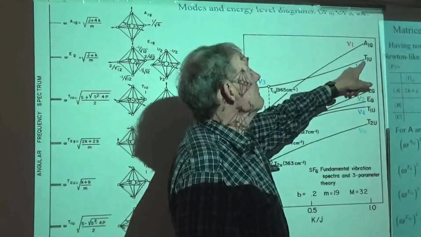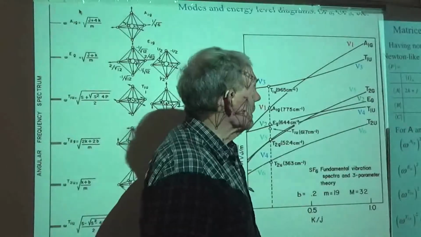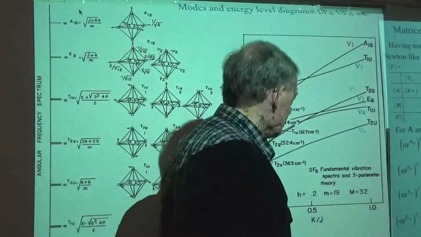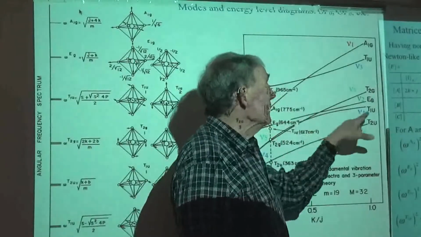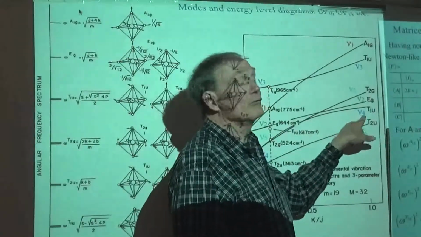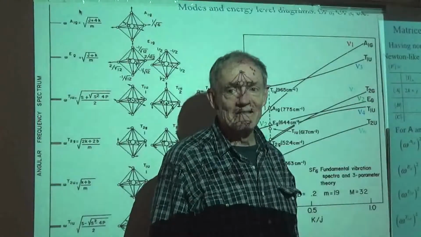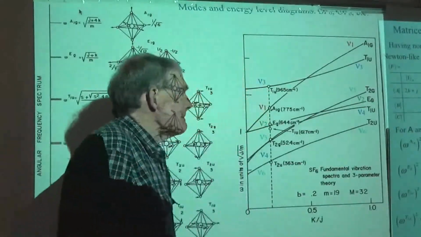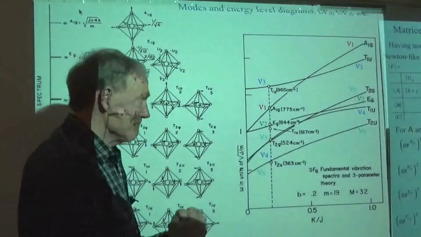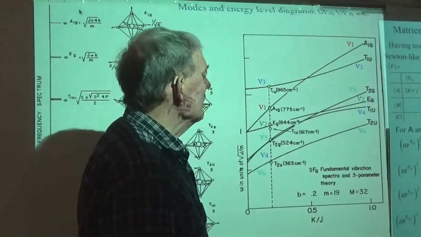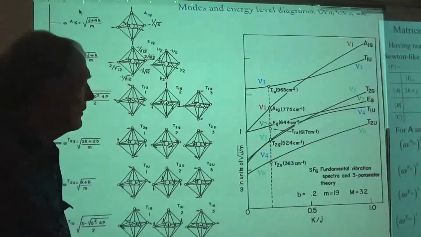And then this is a three-dimensional one, nu 3, the next one in line here, okay? And they call the highest one nu 3, but then the other T1U is called nu 4. That's kind of weird, right? Well, these guys aren't artists, right? They've got to get the job done. So that's the naming that we're stuck with.